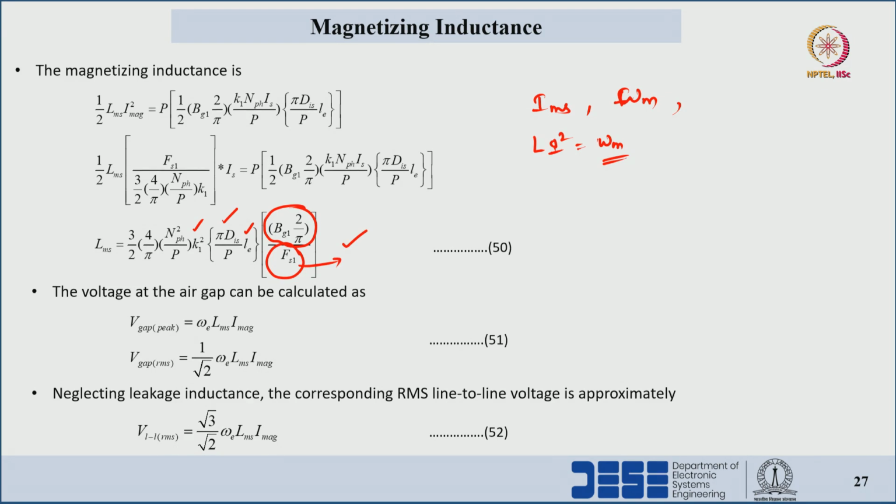So, after knowing all these variables we can calculate the magnetizing inductance per phase.